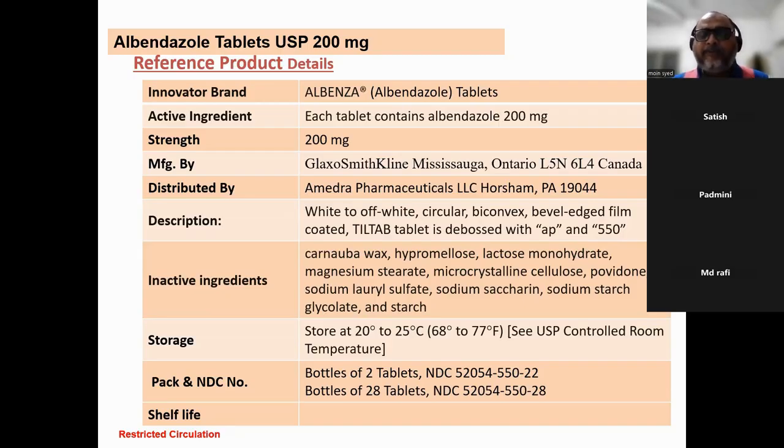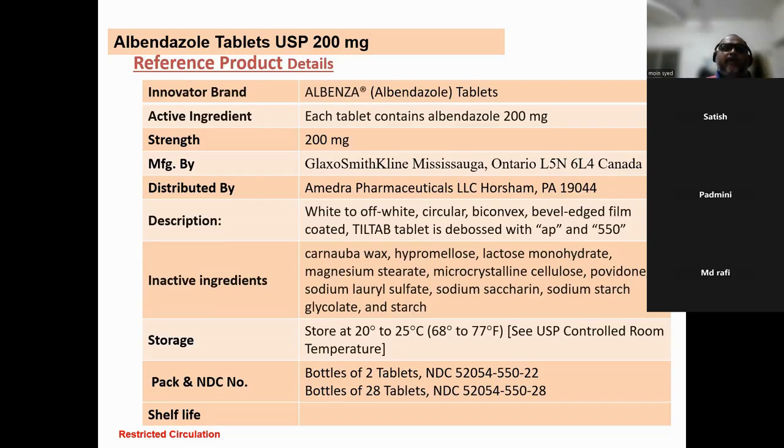Then storage condition. This is also important: store at 20 to 25 degrees Celsius at controlled room temperature. Sometimes if it is a liquid, the storage condition might be different, and if it is some other dosage form, it might be different. For some molecules, because of the nature of the API, we might give a different storage condition.